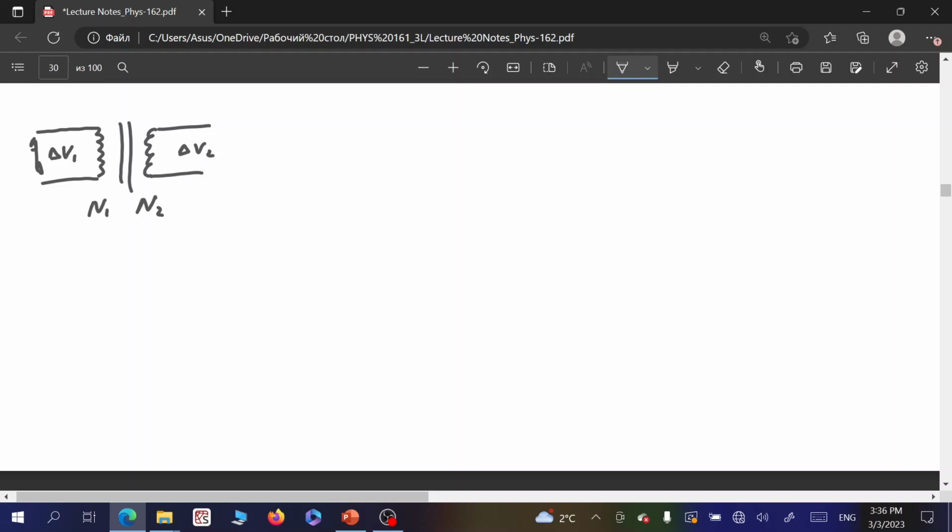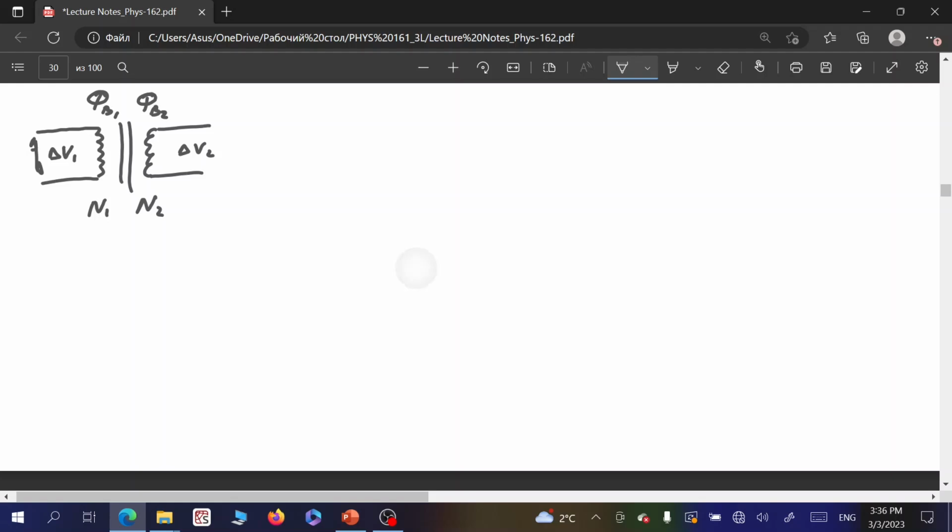That will correspond to magnetic field fluxes FB1 and FB2. Considering that all magnetic field lines are confined in the ferromagnetic core of the transformer, we assume that we don't lose any energy.